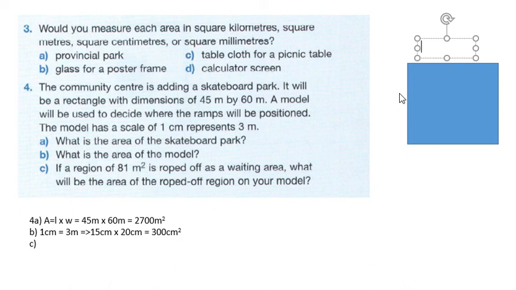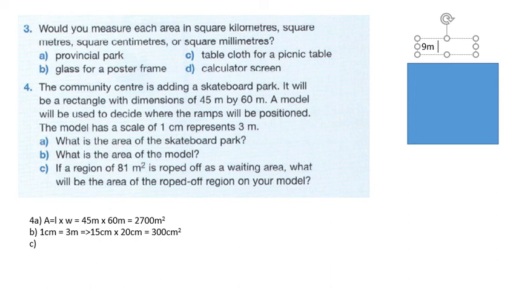Our side lengths here, if it's 81 meters squared, we need two numbers that multiply to 81. We could do trial and error, increasing slowly. So for example, is it 5 times 5? That's 25. So no, that's not right. Is it 6 times 6? No, that's 36. That's not right. We could keep increasing until we get to 81 meters squared, but I can tell you it's 9 meters.